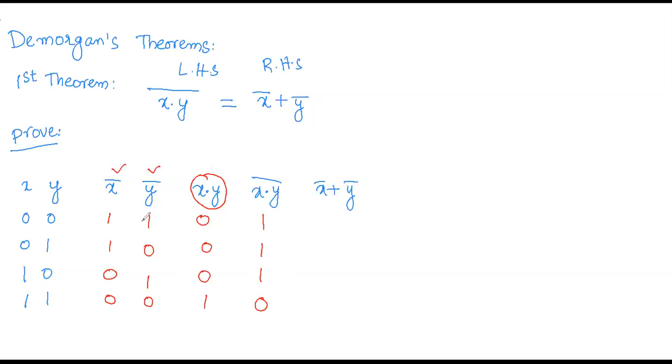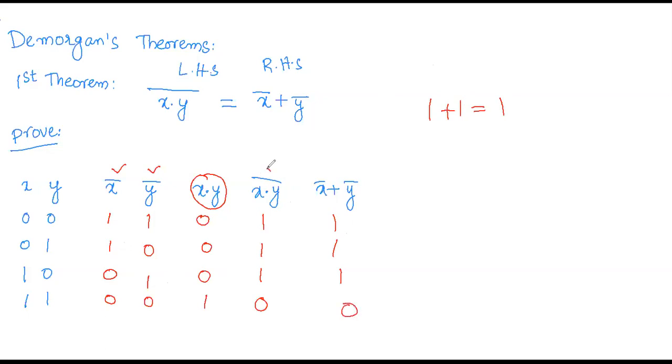What is 1 plus 1 in Boolean addition? In Boolean addition, 1 plus 1 is equal to 1 only. So 1 plus 1 is 1, 1 plus 0 is 1, 0 plus 1 is 1, and 0 plus 0 is 0.